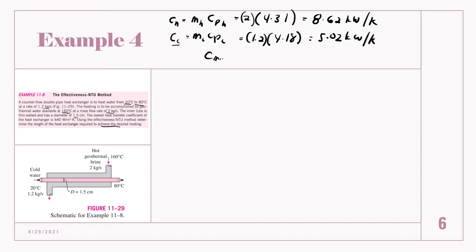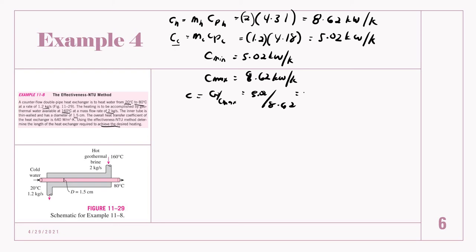So Cmin would be 5.02 kilowatt over K. The maximum heat capacity, Cmax, would be the hot fluid heat capacity, which is 8.62 kilowatt over K. Next we find the capacity ratio: Cmin over Cmax is equal to 5.02 over 8.62, which is 0.582.